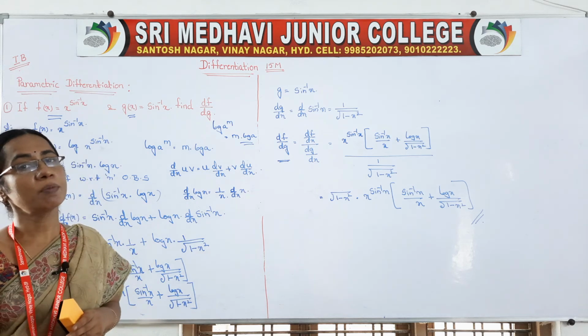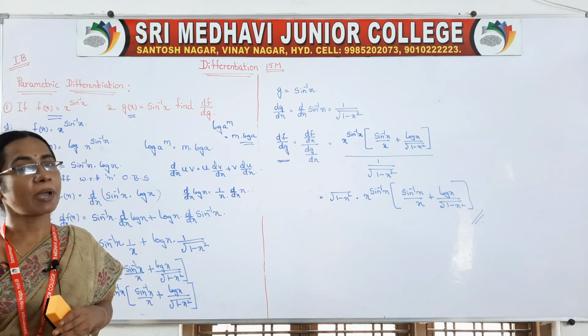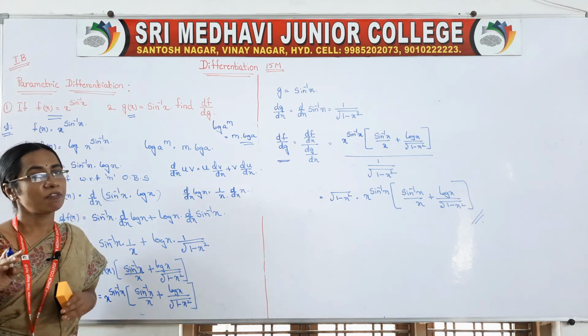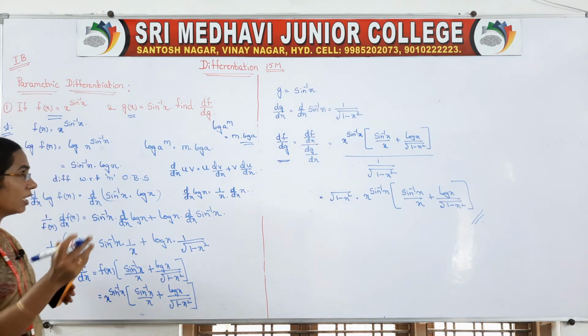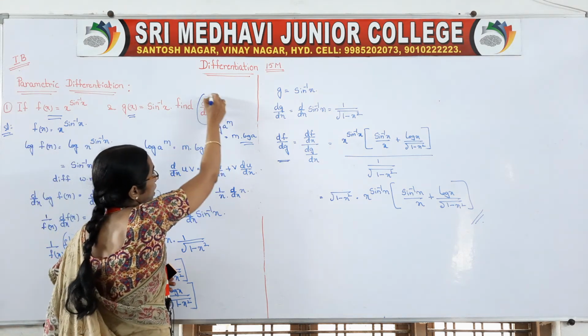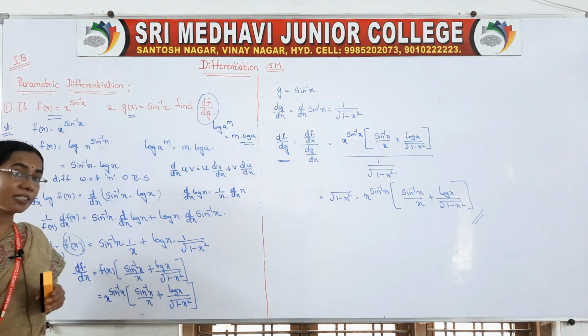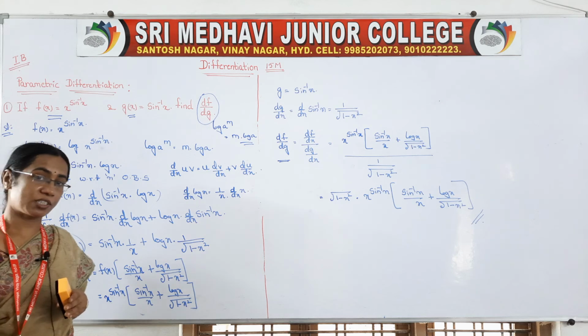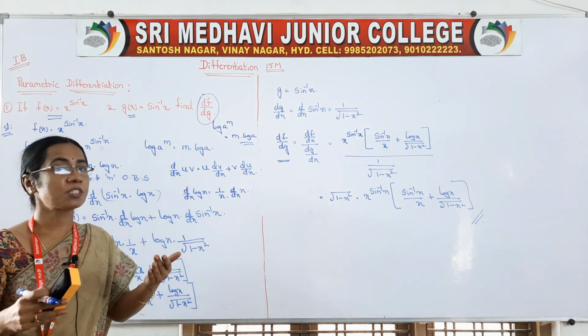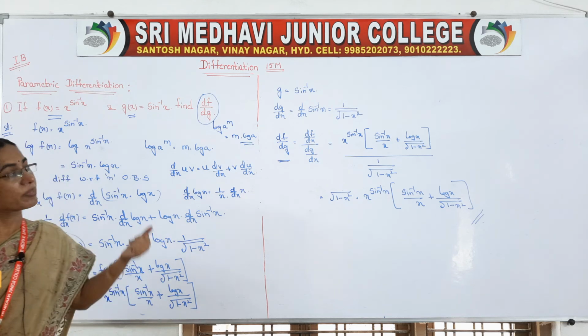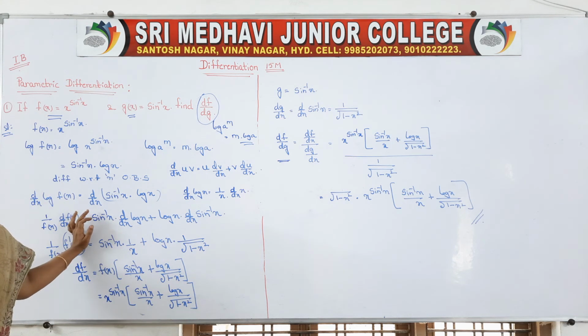Now come to the third method. What is your third method? Parametric differentiation. When two separate functions are given to you, and they ask to find the derivative of one function with respect to the other function, then we go for parametric differentiation.